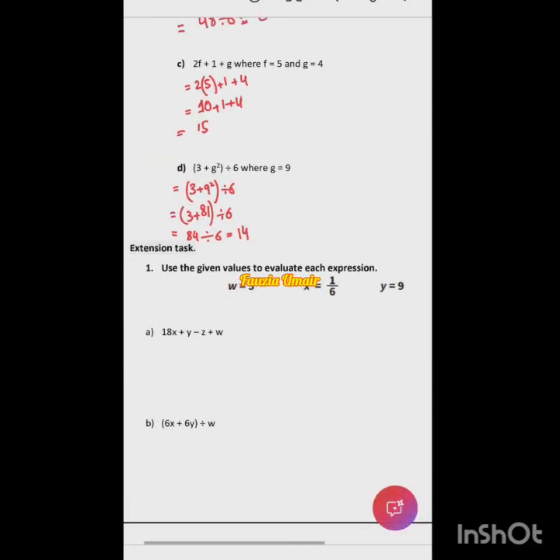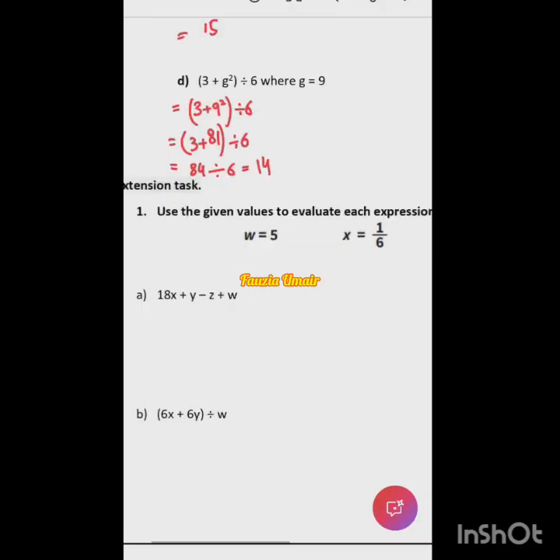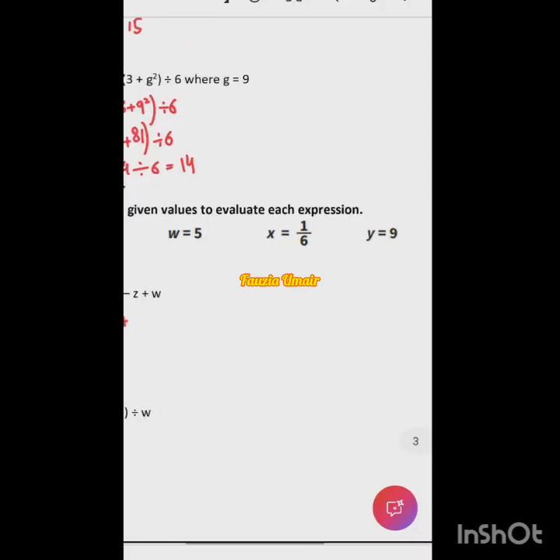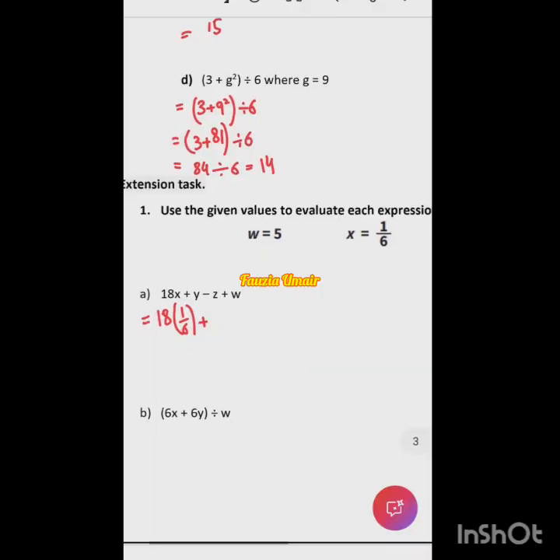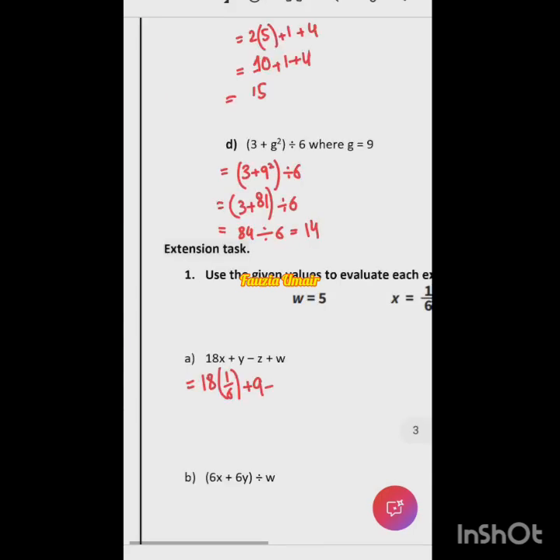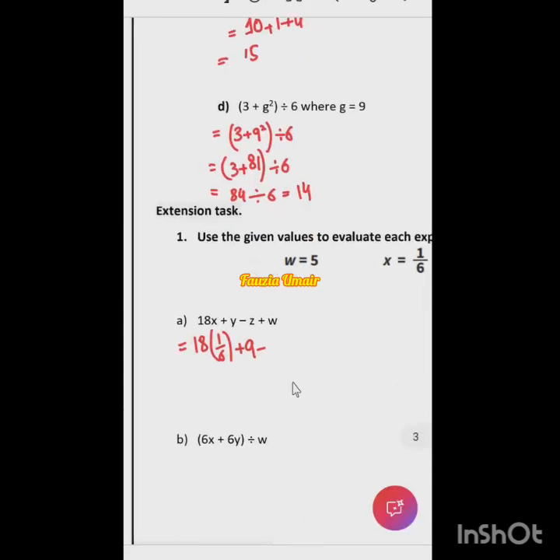So the next question is, use the given values to evaluate each of the expressions. w is 5, x is 1 by 6 and y is equal to 9. First step, because we need to evaluate, we will just put the values. So 18 is multiplied with 1 by 6, plus y, which is 9, minus z is 3, plus w is 5.